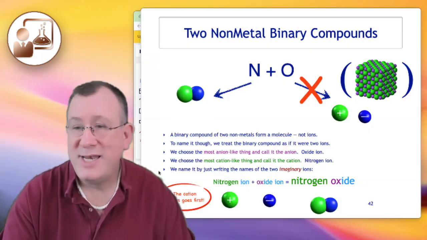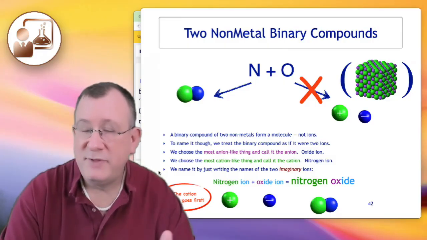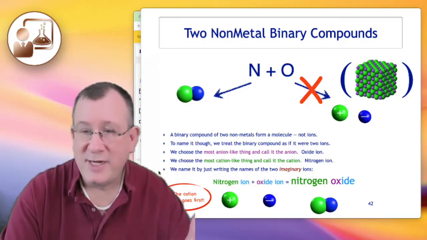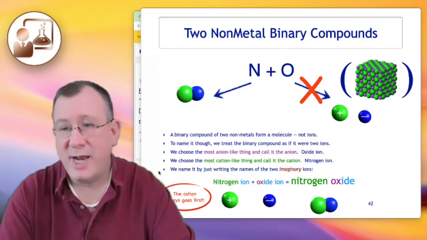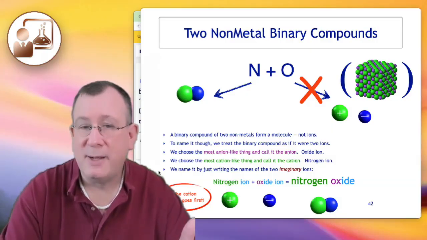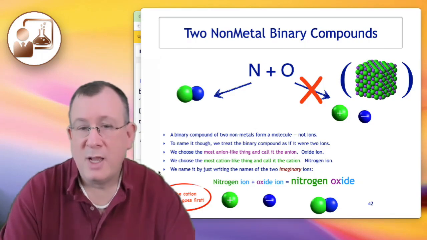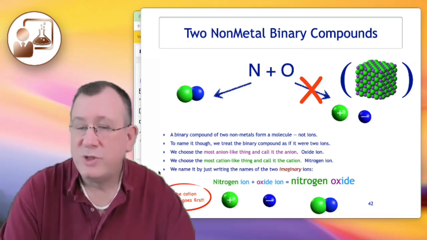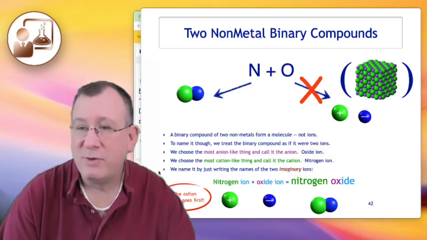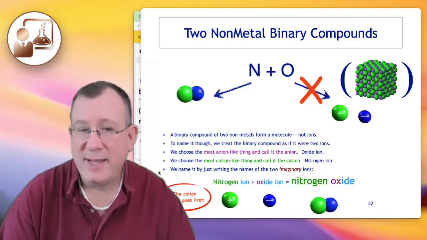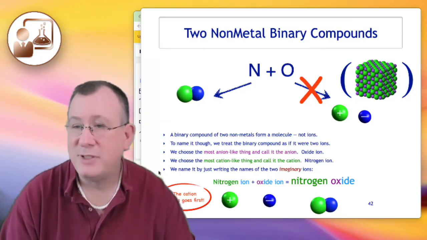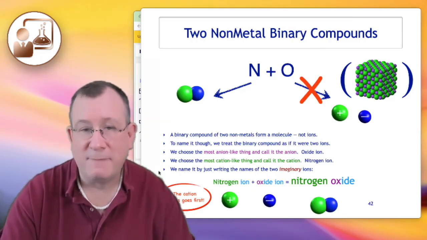All right, but we're going to name these the same way because many of these compounds got their names before we even knew what an atom was, much less a charge on there. So what we're going to do is imagine one of them was an ion and imagine the other one was the opposite ion, and then call it, for example, nitrogen ion, oxide ion, slap the 2 together and name it the same way.